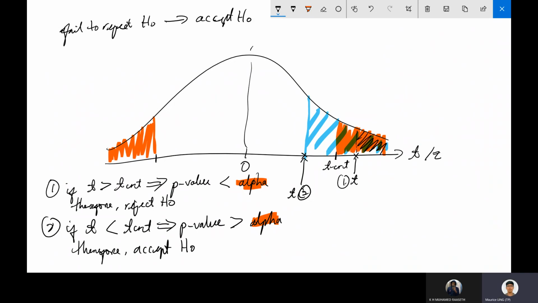Fail to reject means you accept. You cannot use the term as you fail to reject alternate hypothesis, and because of that, you accept your null hypothesis. This is wrong.